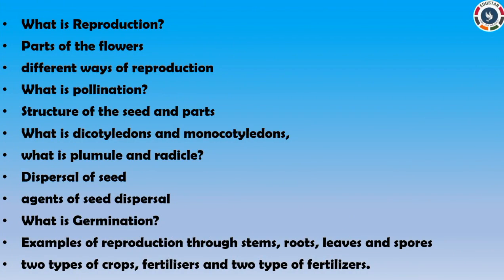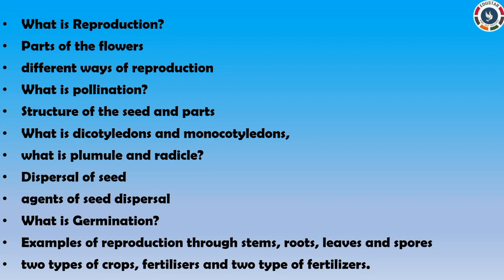What is reproduction? Parts of the flowers, different ways of reproduction, what is pollination, structure of the seed and parts, what is dicotyledons and monocotyledons, what is plumule and radicle?